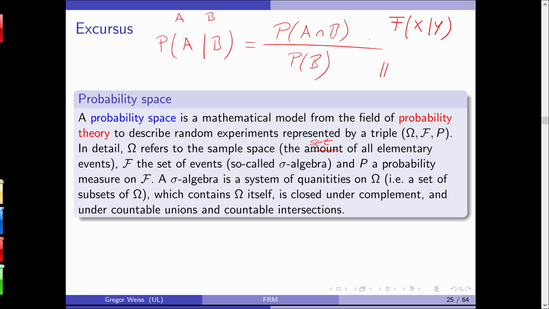You can have a look at the average of x. This is the conditional mean of x given y. And you can define all the things you know from your statistics class, not just for a regular unconditional distribution, but also for a conditional one. And this means that you are calculating probabilities with the additional knowledge that B is the case.